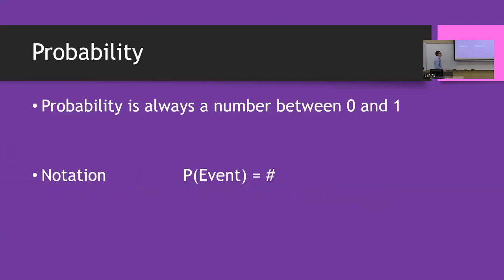Now, when we're dealing with probability, probability is always going to be a number between 0 and 1. 0 means that the thing can't happen. Like, what's the chance that my kid's Little League team wins the Super Bowl next year?